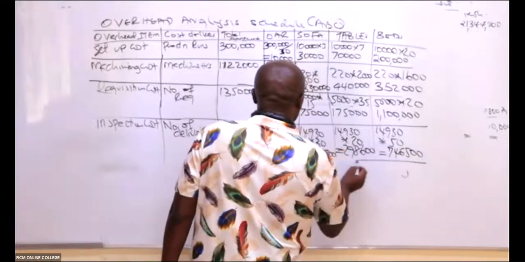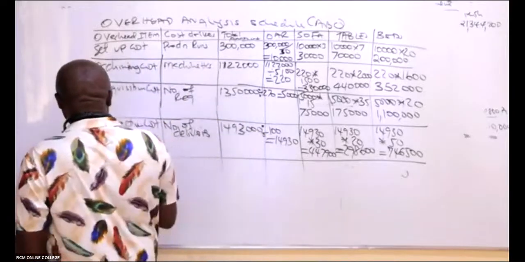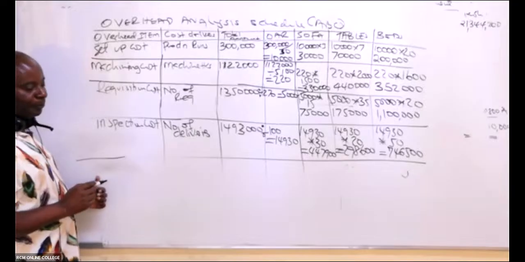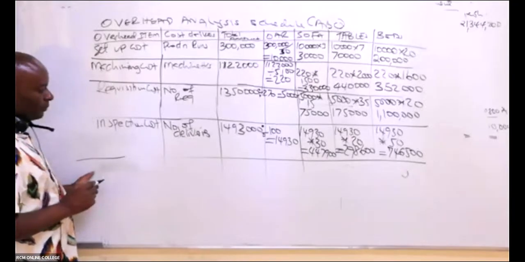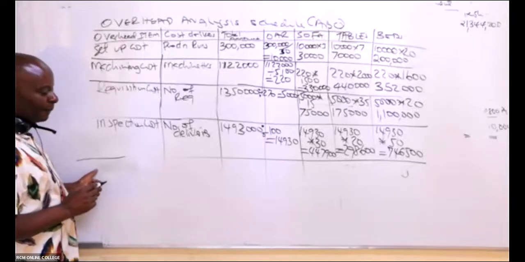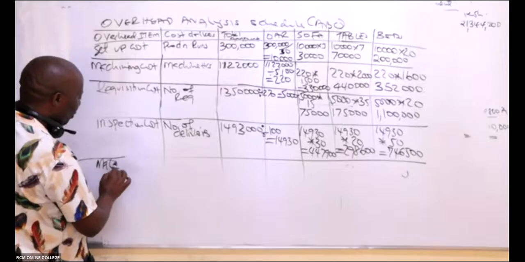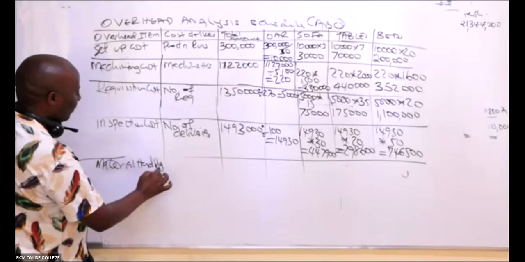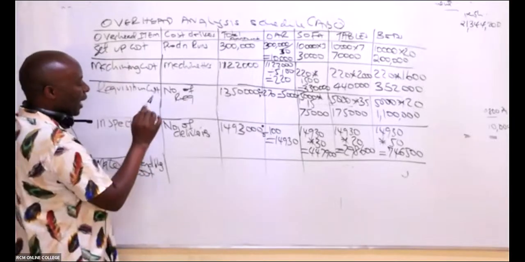Is that all, or do we still have other cost items? We have one more to go. What is the name of this last one? Which cost? Material handling costs. So for material handling cost, what is the cost driver name?